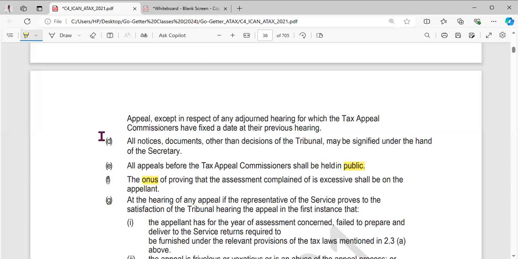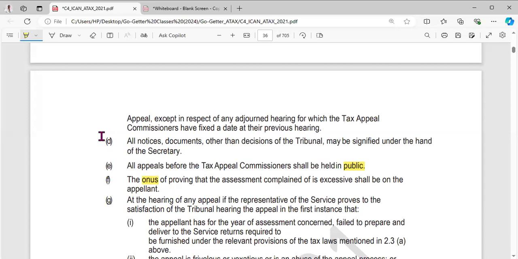You are the one to prove that they gave you an excessive assessment. They gave you something that is grievous, something that is preposterous, something that is excessive, and it is not adequate. You have the right to prove. So the burden of proof is on you, it's not on the FIRS.